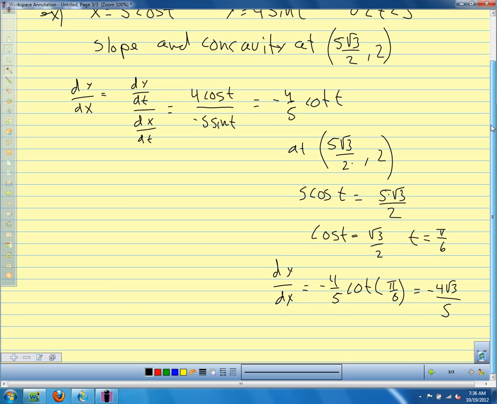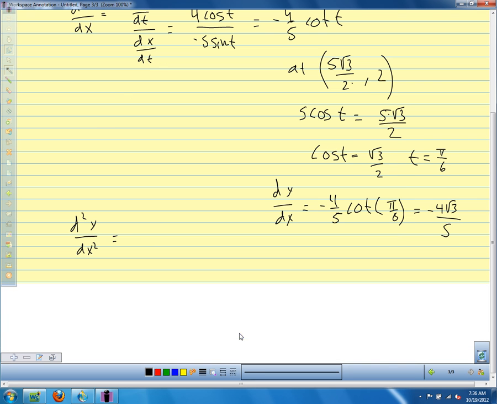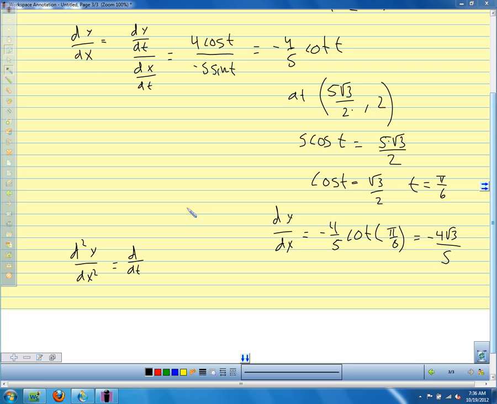Our second derivative for our concavity, we need d squared y dx squared, which is going to be d/dt, the derivative with respect to t, of our first derivative dy/dx, that is the derivative of minus 4/5 cotangent t, divided by dx/dt, divided by minus 5 sine t.